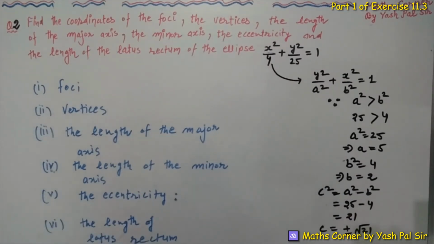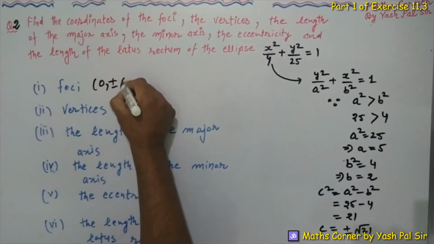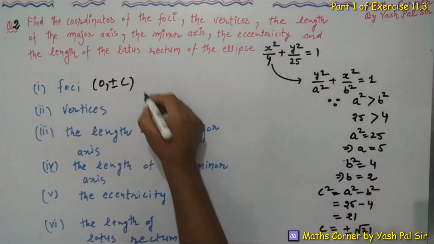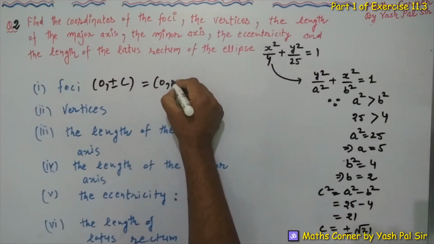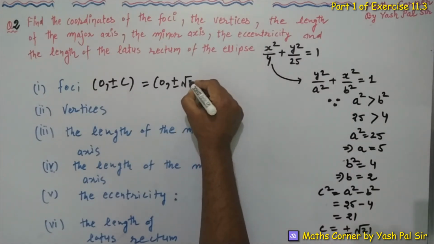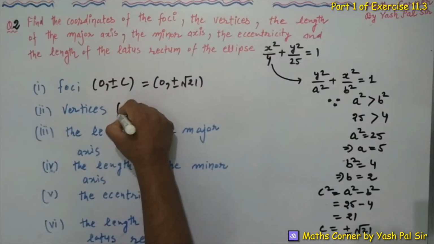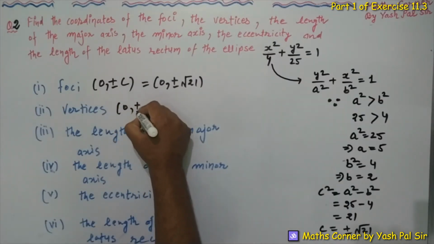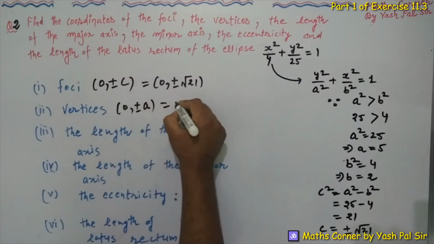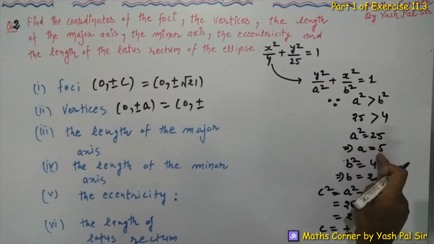So now proceeding towards the question, what are foci? Foci in this case will be equal to 0 comma plus minus c. So this becomes 0 comma plus minus square root of 21. Second part, vertices, they are 0 comma plus minus a, that is 0 comma plus minus 5.